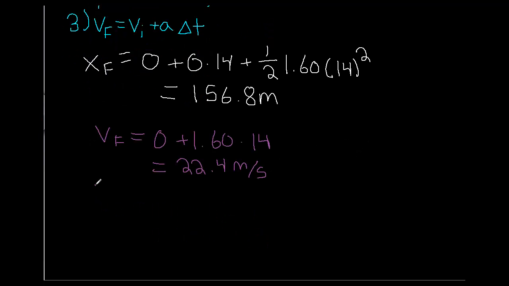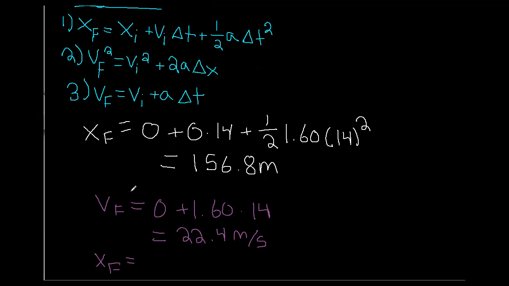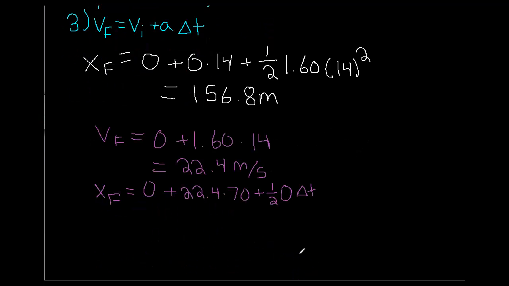So the final position, which is what we're looking for, is equal to the starting point, which we oriented the coordinate system so it's 0 for x initial, plus the 22.4 initial velocity times the change in time, which was 70 seconds for stage 2, plus 1/2 the acceleration, which is 0, times the change in time, which, since it's 0 there, negates it.